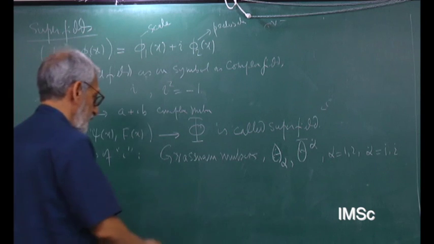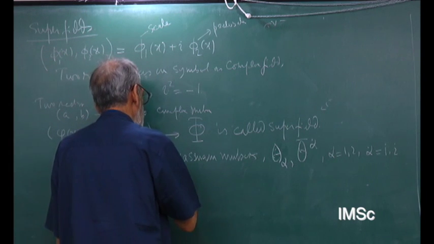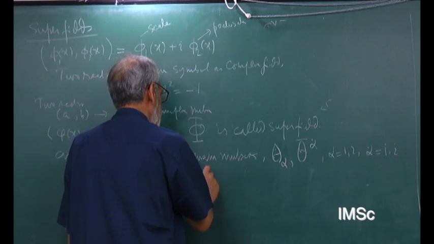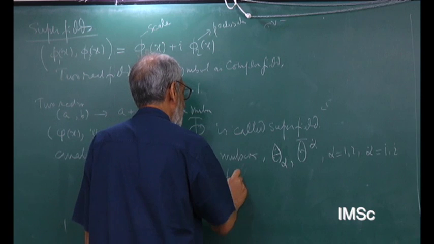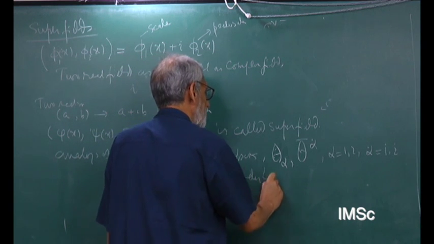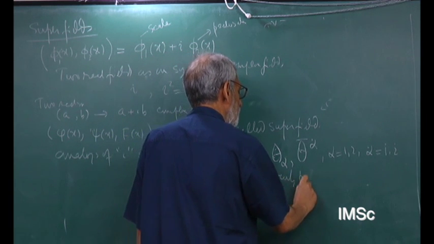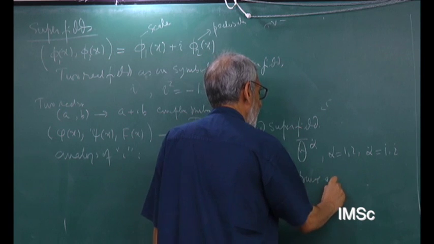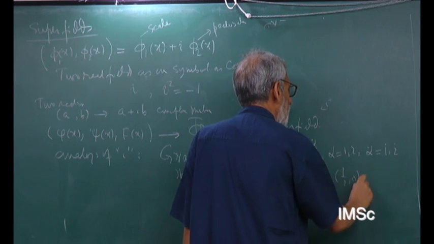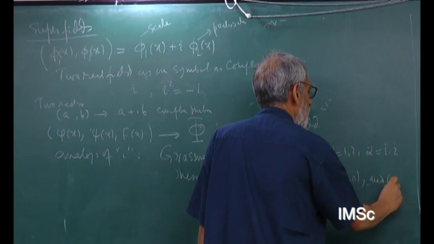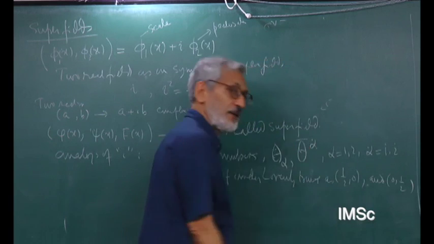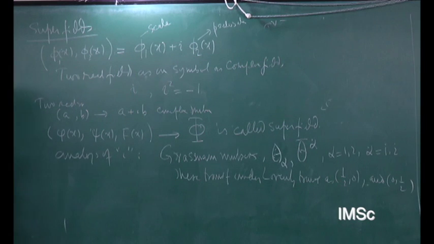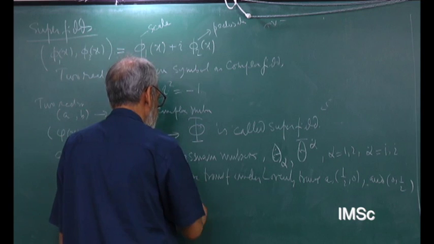These transform under Lorentz transformation as the (half, 0) and (0, half) representations respectively, and they have mass dimensions.